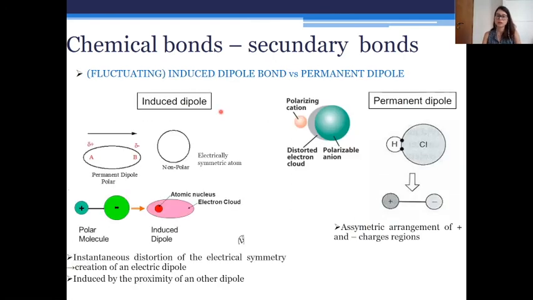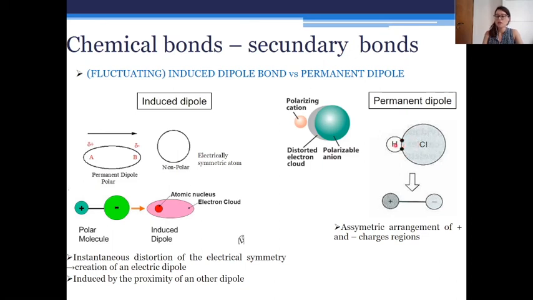So we can have a closer look and explain better what is the difference between an induced dipole bond and a permanent dipole. In a permanent dipole, which is easier to explain, we will have constantly, permanently, a region with a more positive charge and a region with a more negative charge, which is the case, for example, in the molecule of hydrogen chloride.